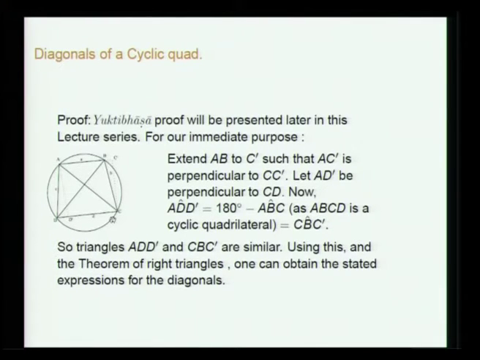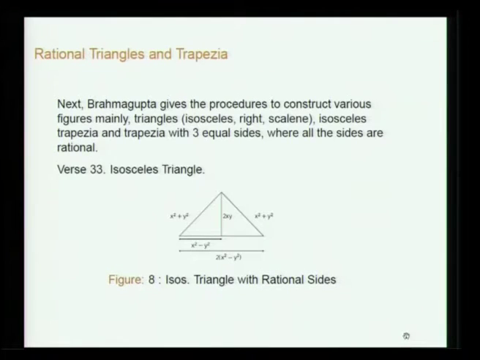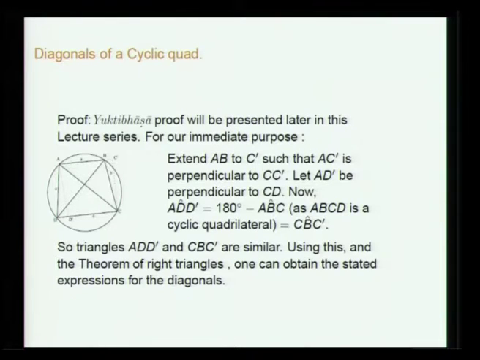Then this angle ADD prime is equal to 180 degrees minus angle ADC, as we know in a cyclic quadrilateral, and that is equal to CBC prime.